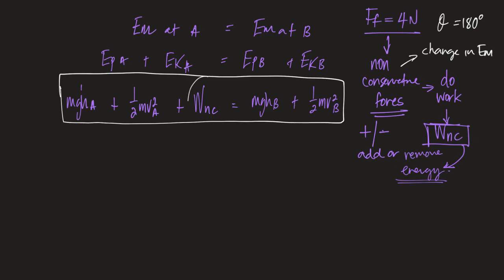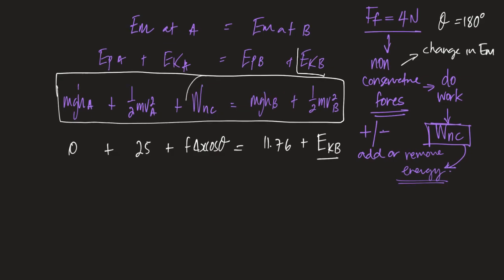So now all I can do is enter in my information. I know mgh at A is equal to 0. I know that half mv squared at point A is equal to 25, so plus 25, plus the force of friction delta x cos theta is equal to, I know my mgh at B is 11.76, plus I'm looking for the EK at point B. Do I have enough kinetic energy?